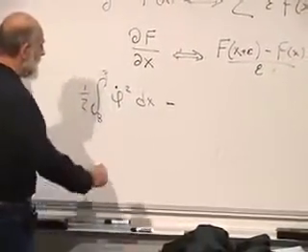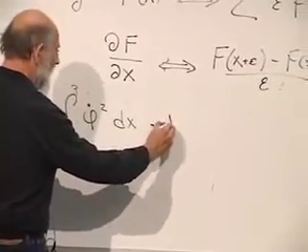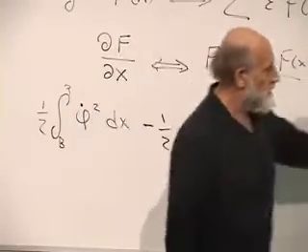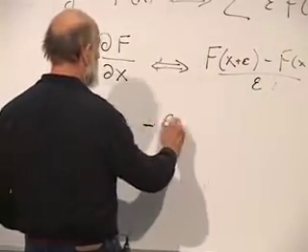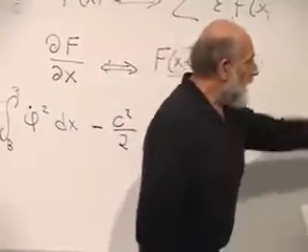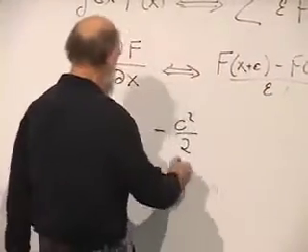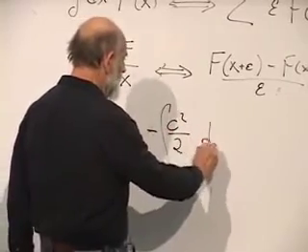I want to subtract the potential energy. So that's minus 1/2. The 1/2 is the same 1/2. c squared over 2 minus c squared over 2. Epsilon in the numerator just becomes dx again. Let's put integral dx.